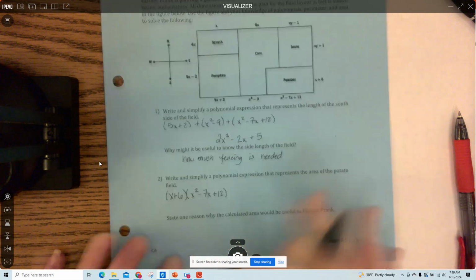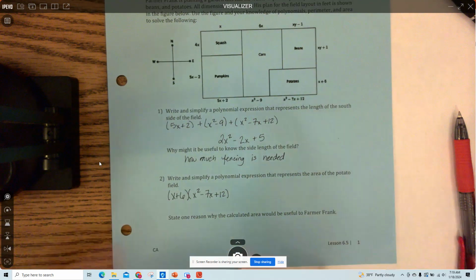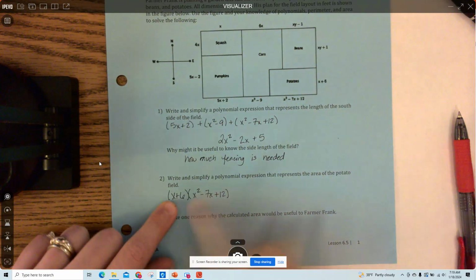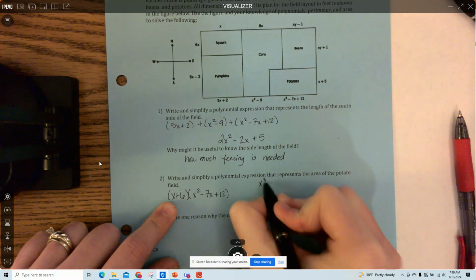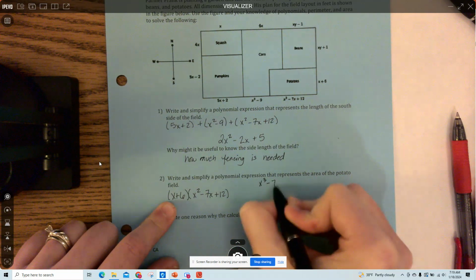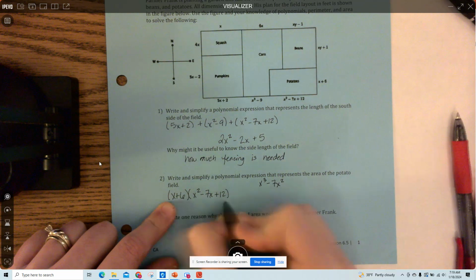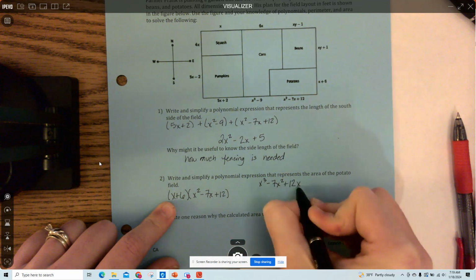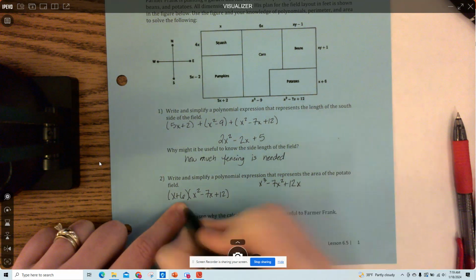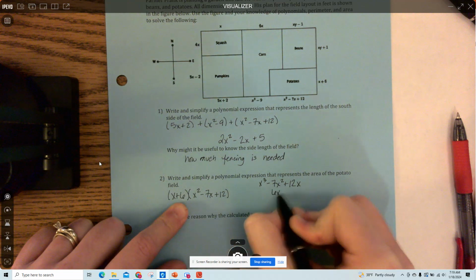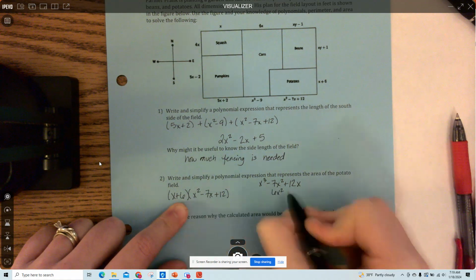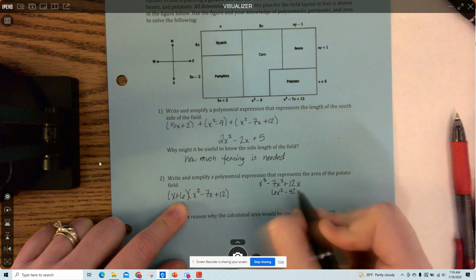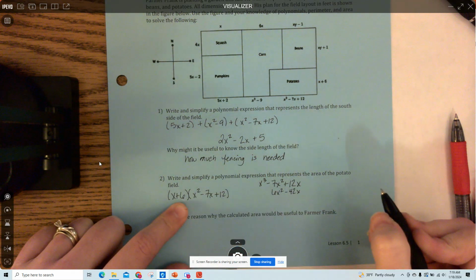So you can use the box method for this. I'm just going to multiply it out really quick. So x times x squared is x cubed. X times negative 7x is negative 7x squared. X times 12 is positive 12x. Multiply by the 6. 6 times x squared is 6x squared. 6 times negative 7x is negative 42x. 6 times 12 is 96.